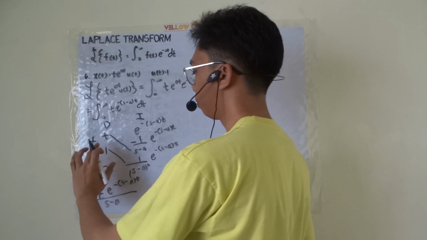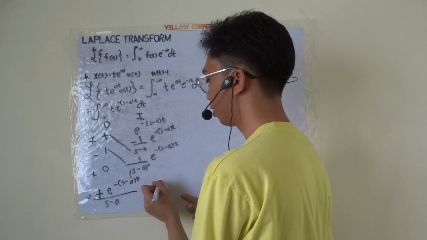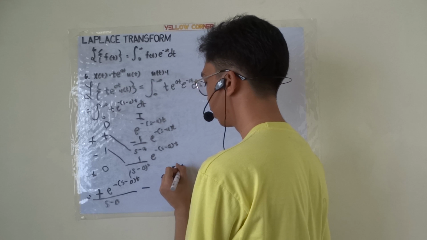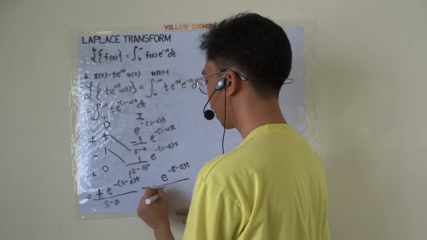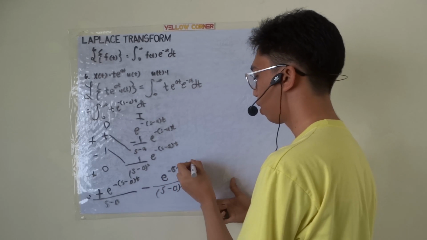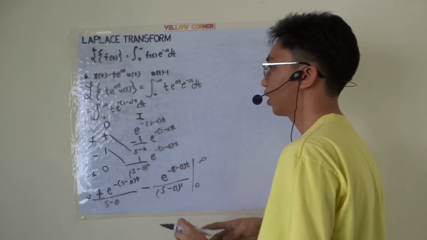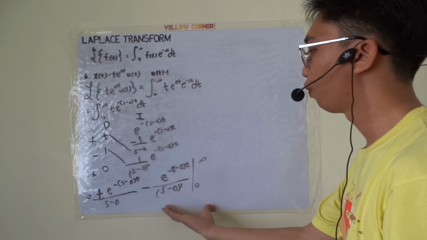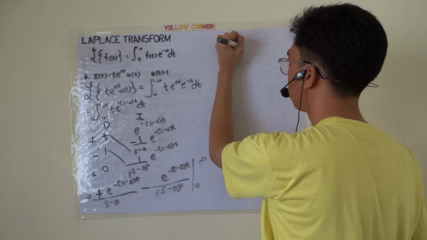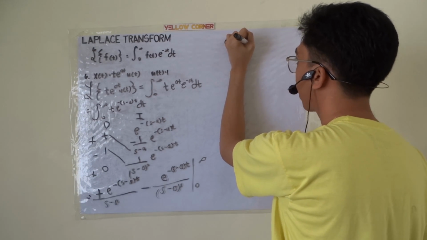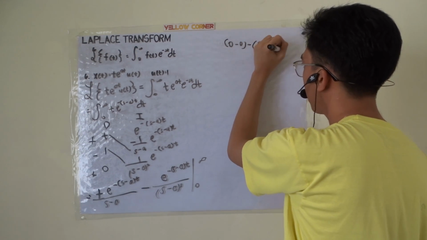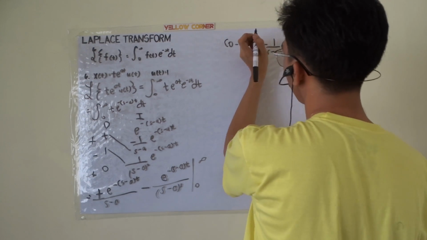So multiplying this, we have a negative, minus e raised to negative s minus a times t over s minus a squared, having the limits of 0 to positive infinity. And evaluating this form, we have 0 minus 0, and minus 0 minus 1 over s minus a squared.